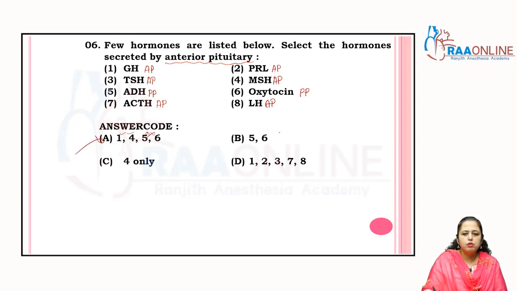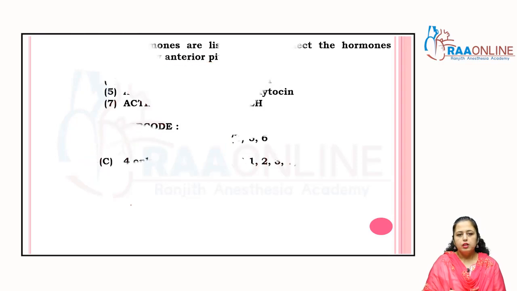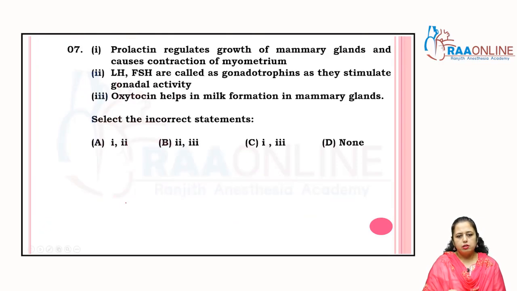So that option is wrong. 5 and 6 wrong. 4 only is also wrong because not only MSH is secreted by that, right? So the majority comes under that option, that is 1 2 3 7 8. Clear? Now come to the next.